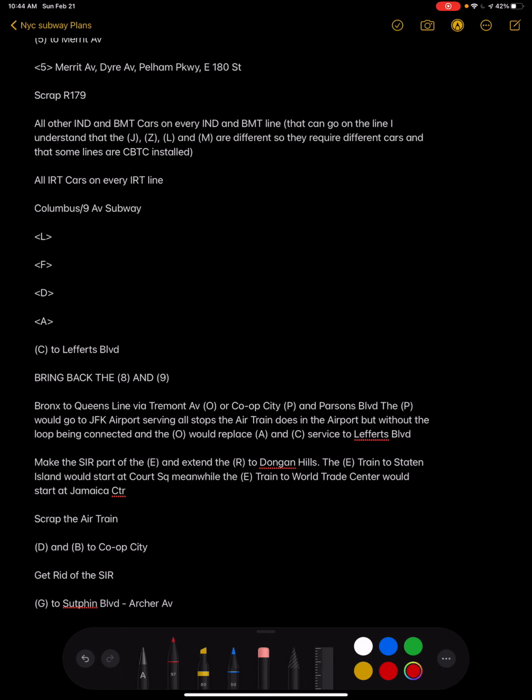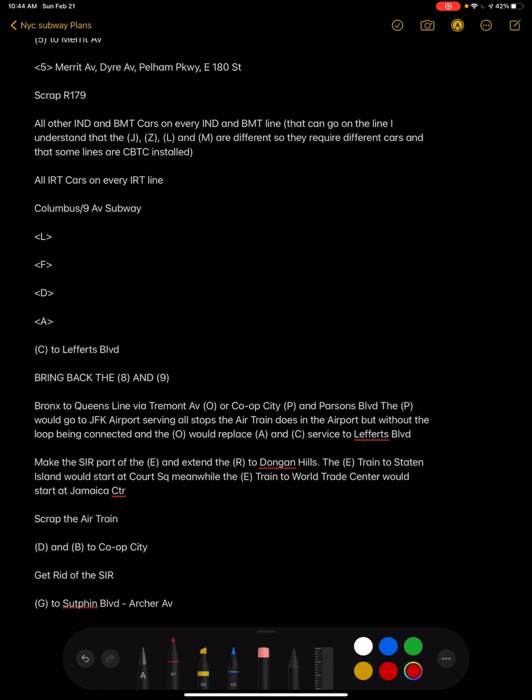Personally, I just like magenta pink more than light pink as the line, but really that doesn't mean anything. It would be one of those two, and in my universe, it would be magenta. And then get rid of the Staten Island Railroad, because the E train serves all those stops now.